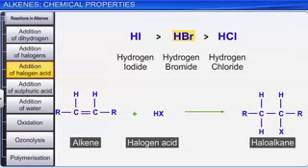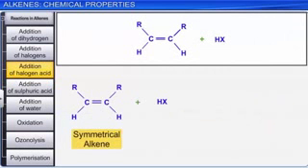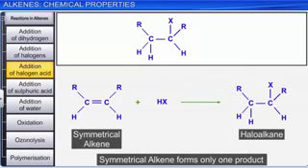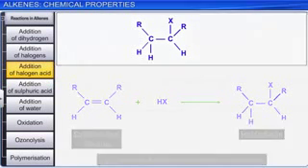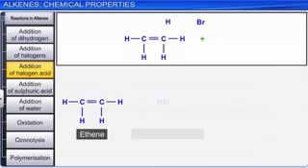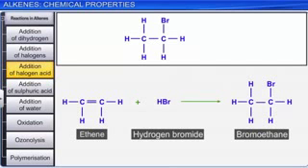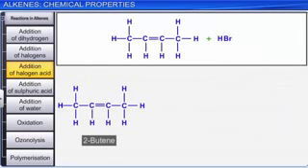In the case of symmetrical alkenes, only one product is formed. For example, ethene on reaction with hydrogen bromide gives bromoethane, or 2-butene with hydrogen bromide gives 2-bromobutane.